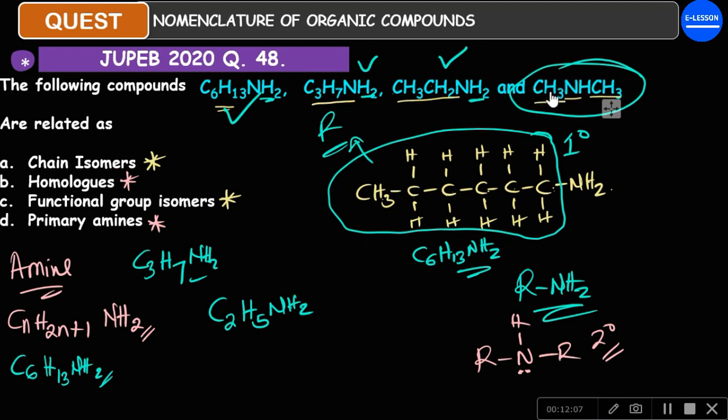Now, how about this one? CH3NHCH3. It's still the same thing, right? Let us examine this one, if they follow the same homologous series. This one too. The general formula is this.